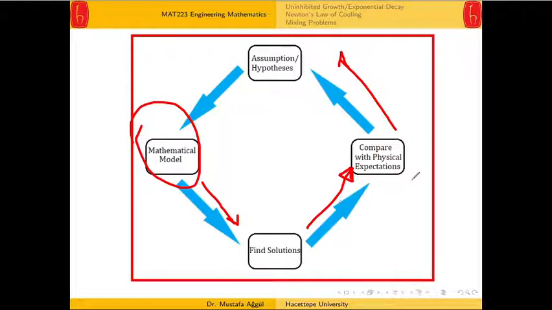If we are satisfied with these physical expectations, then we will use this mathematical model. Otherwise, we will follow the cycle again and again until we are satisfied with the solutions. Okay, so this is the cycle for coming up with a mathematical model.